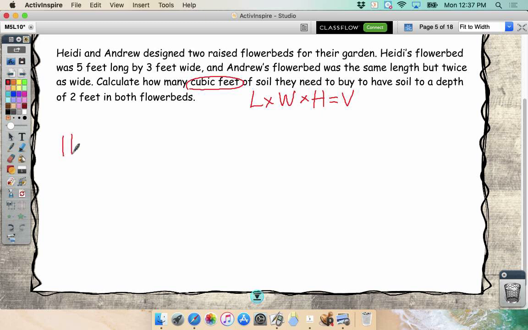So let's figure out the size of Heidi's bed and figure out the size of Andrew's bed and then decide how much soil we're going to have to buy. Okay? So Heidi's bed was 5 feet long by 3 feet wide. And then what was the depth? 2 feet. And that's how deep the soil is. Okay? So Andrew's bed was the same length.